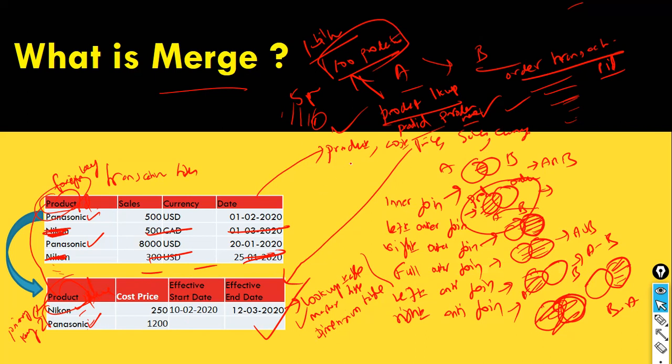Here, Panasonic, and in addition to that, non-matching values, Nikon will also come here. But here, the cost price will be displayed, but the sales is blank. And for Panasonic, the cost price is 1200, and here also 1200, and the sales is like 500, 8000, it will be there.